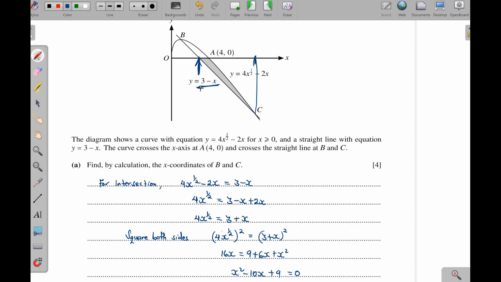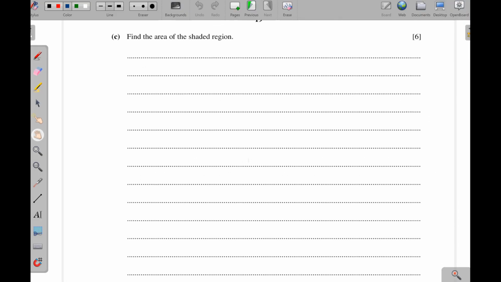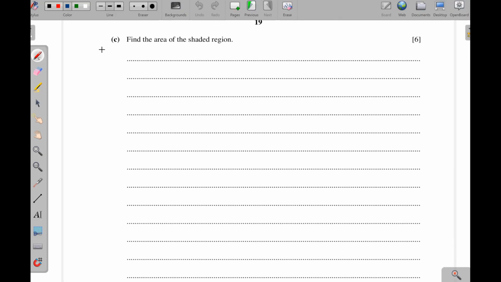So the equation of the straight line is the one that I was looking for. On the x-axis, we know that y is 0, not so? So y is equal to 3 minus x.